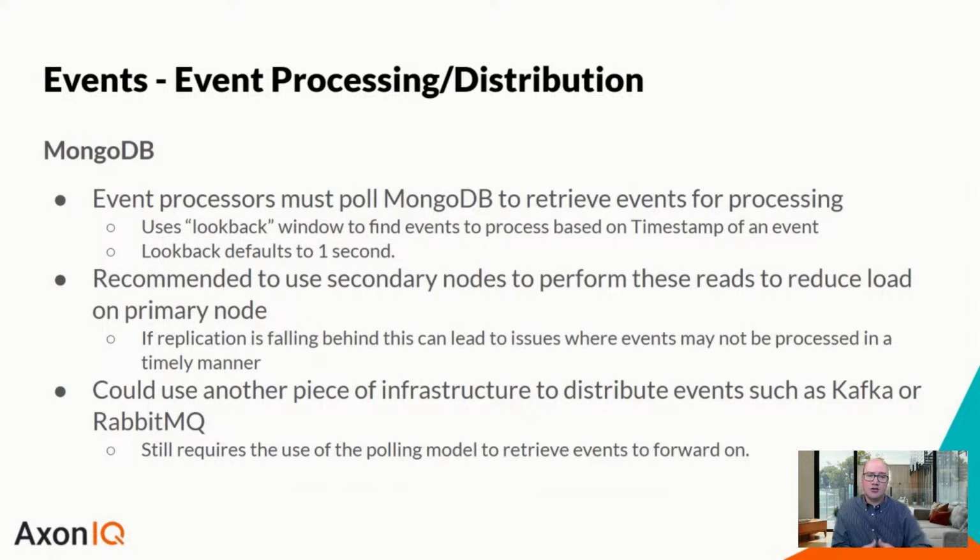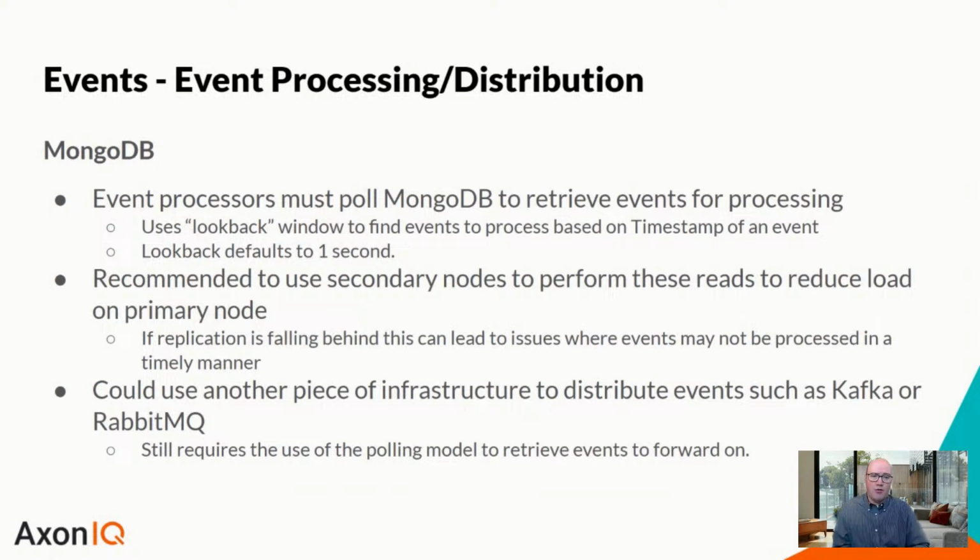With MongoDB, event processors have to poll MongoDB to retrieve events for processing, so this adds additional load on the server. As you notice here, we recommend you use the secondary nodes to perform these reads, because then the primary, which is trying to accept all of the events in the first place, can do that job with less impact.